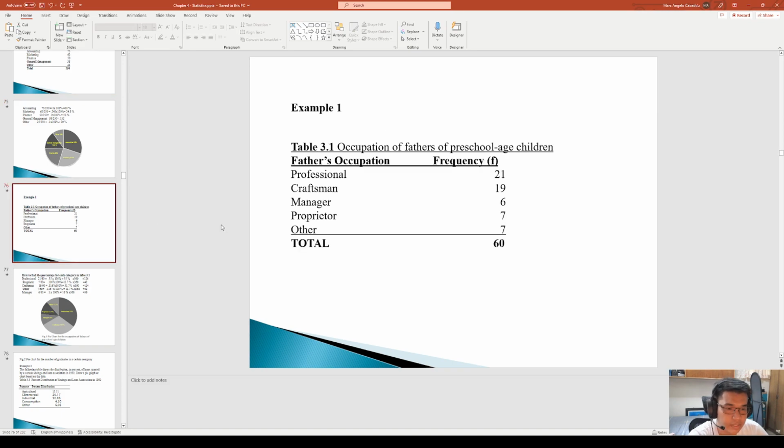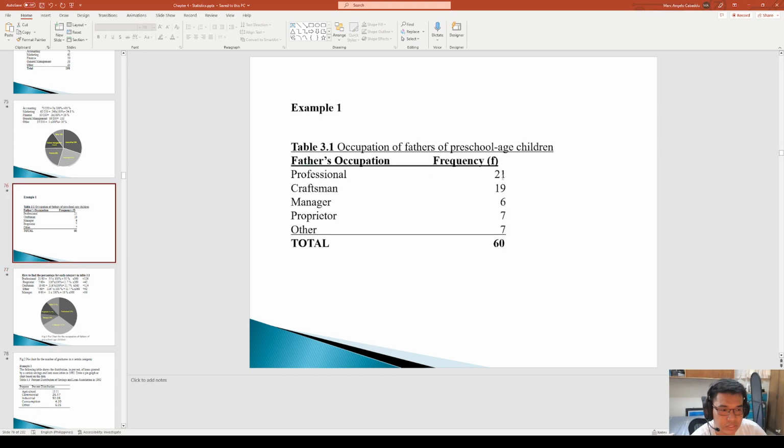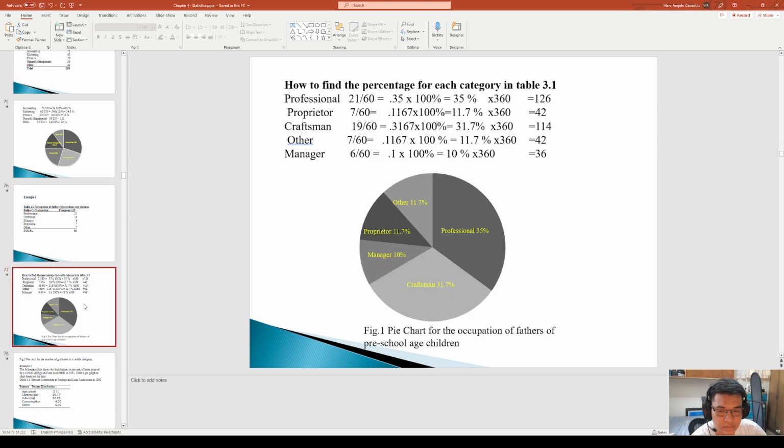Another example, we have table 3.1. This time it's occupation, the father's occupation, and how many fathers have an occupation of professional, craftsman, manager, and others. The same is true, the same pie chart, we divide it: professional 35%, craftsman 31.7%. So how do we get the percentages? We just divide the frequency, 21, over the total, 60.